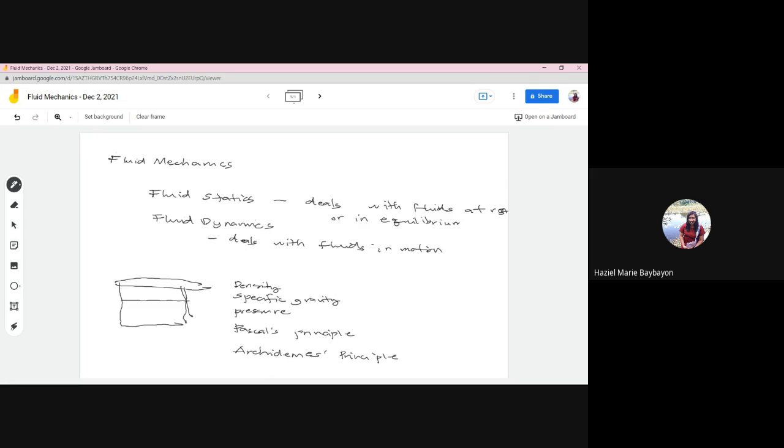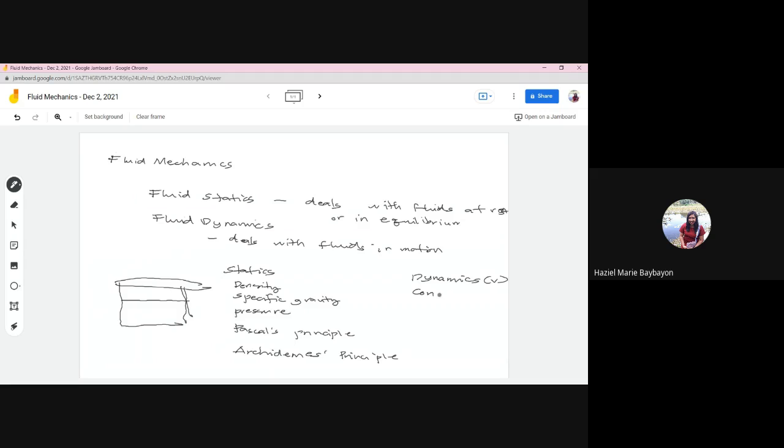And then for fluid dynamics, we can describe moving fluids through the continuity equation. So these are for fluids at rest, statics. And then for dynamics, we can describe the motion of a fluid since it is moving and has velocity.